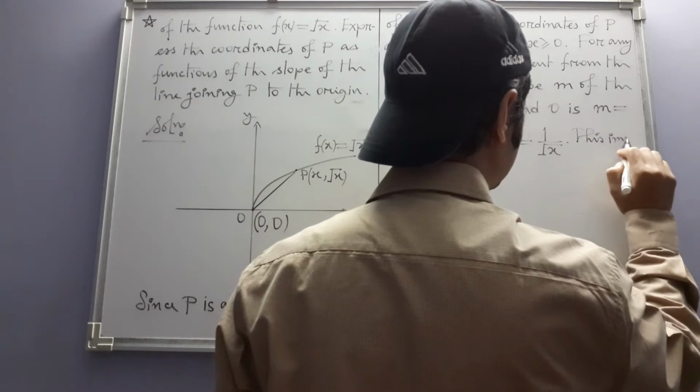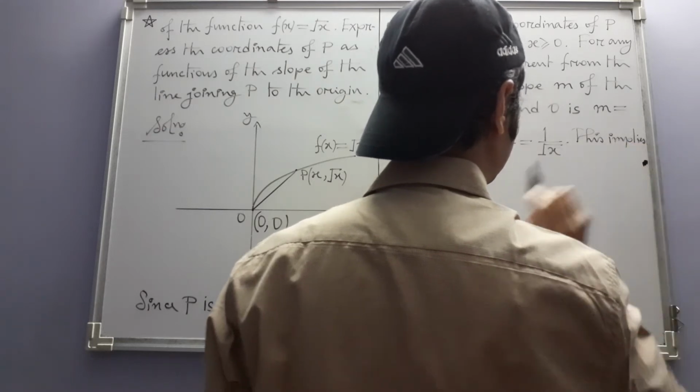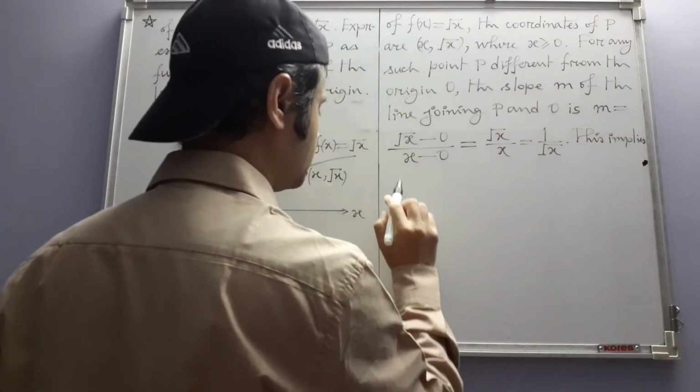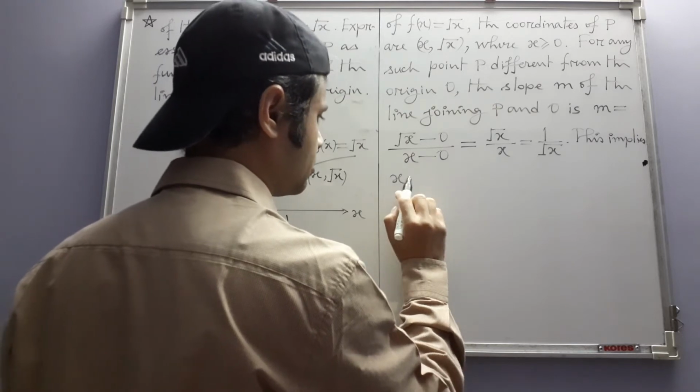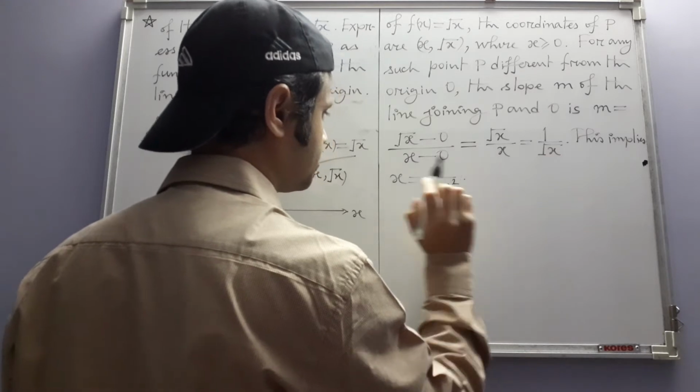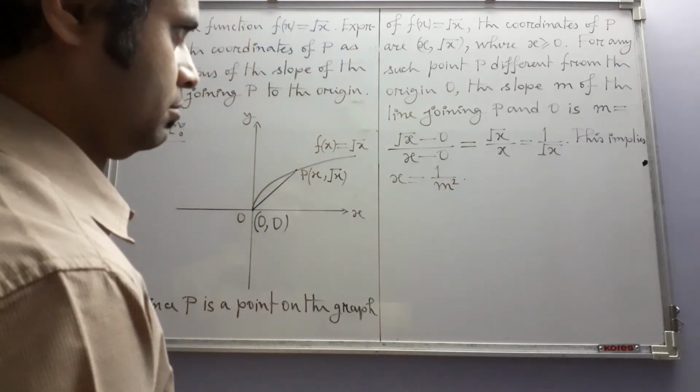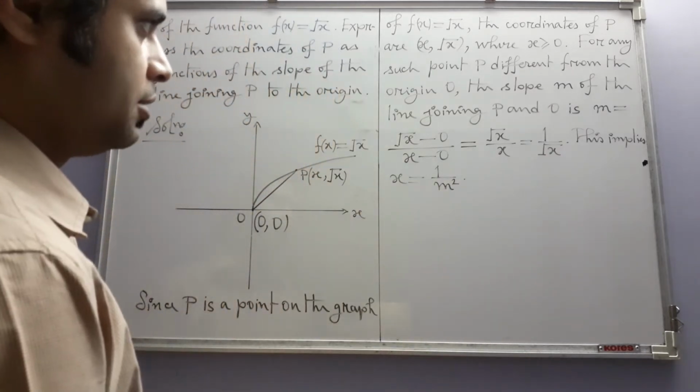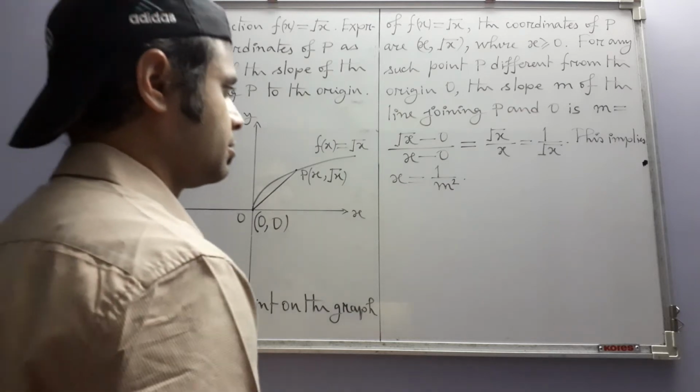This implies 1 over m is square root of x, so x will be 1 over m square.